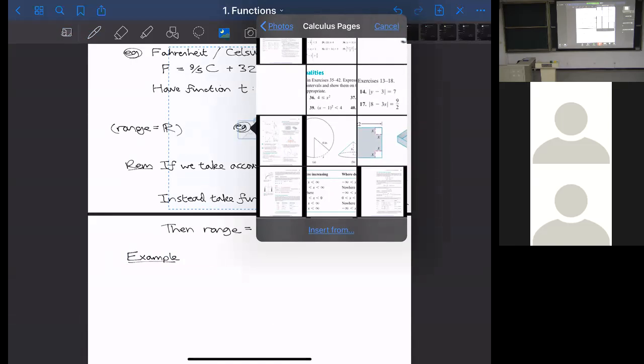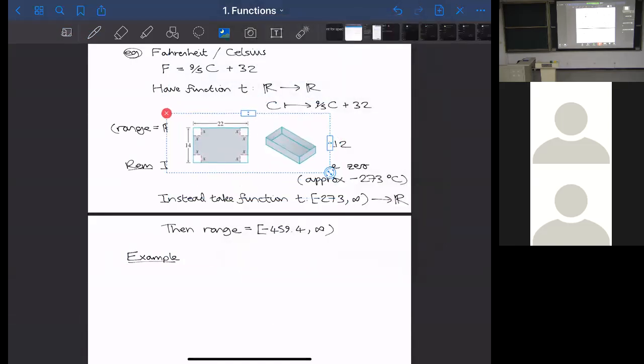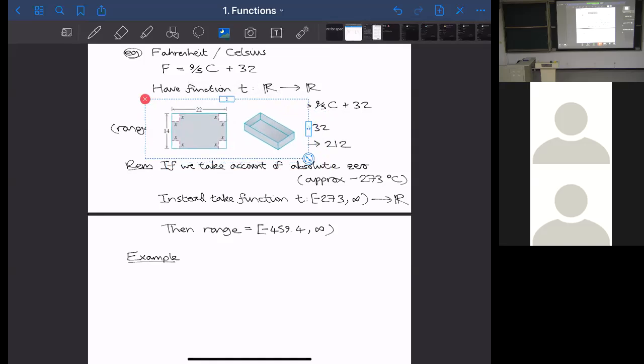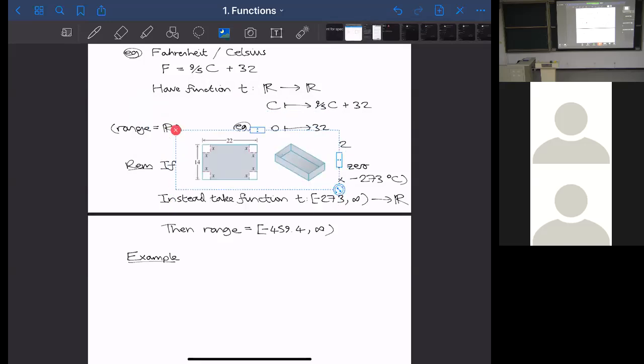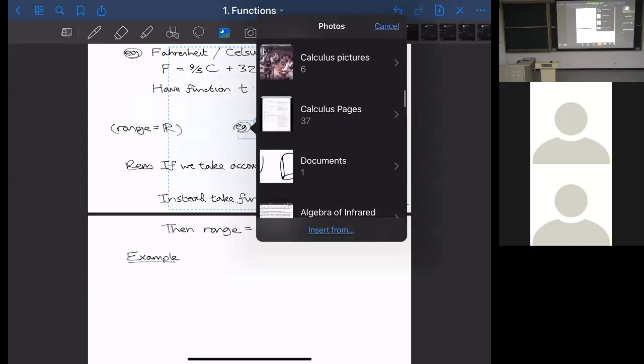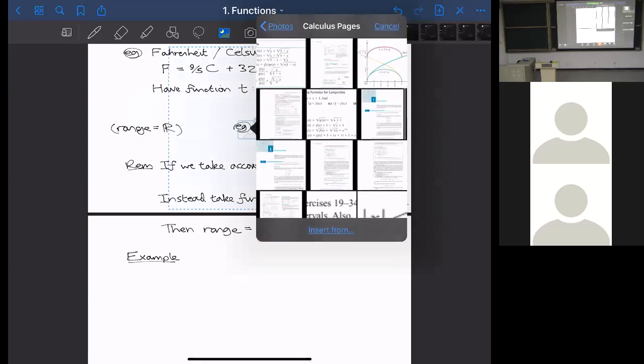Just trying to copy the picture from the textbook.